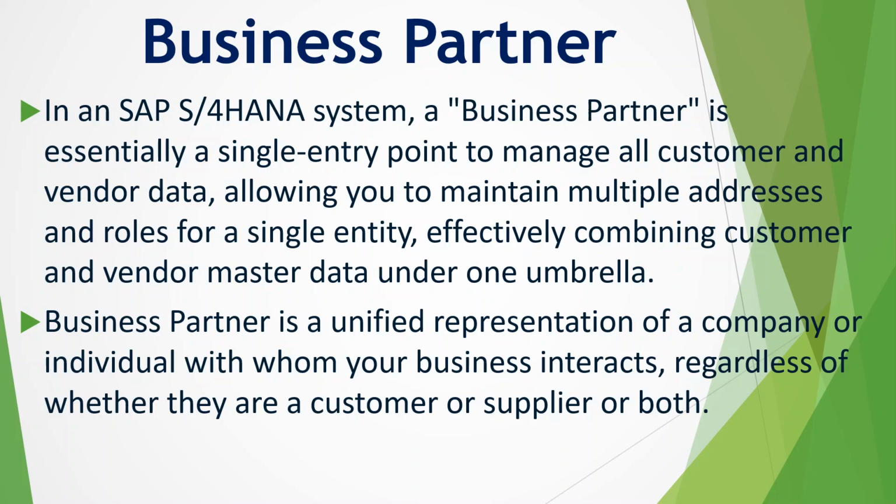That means from a single screen, you can manage customers, vendors, and whatever other roles you have. So a business partner is a unified representation of a company or individual with whom your business interacts, regardless of whether they are a customer, a supplier, or both.